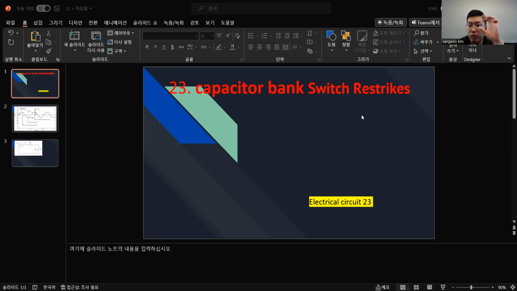Sometimes, because of some elements or factors, it makes a much higher surge, almost four times. So this is an example of a switching surge over two times. You know what I mean? So we will learn about it today.